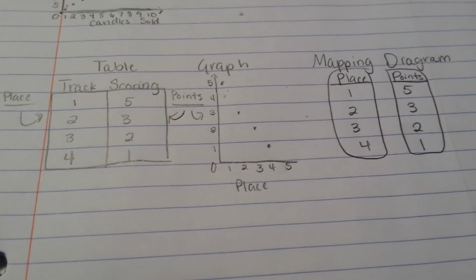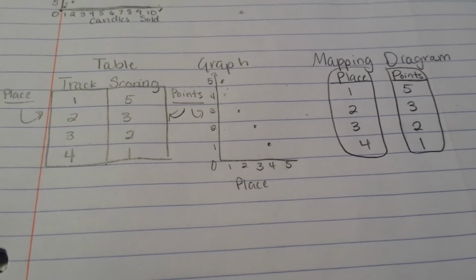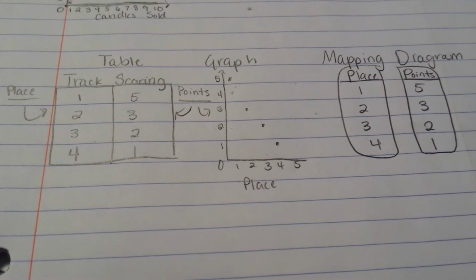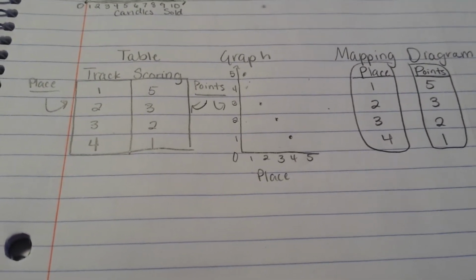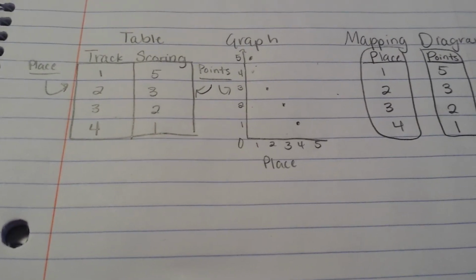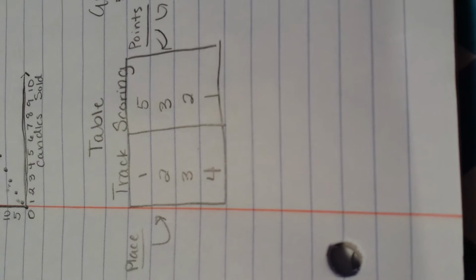The examples I have in front of you are representations of relations, different ways you can express a relation. The first one is a table, and this is when you write all the x values under place and all the y values under points, and it just looks like a little chart.